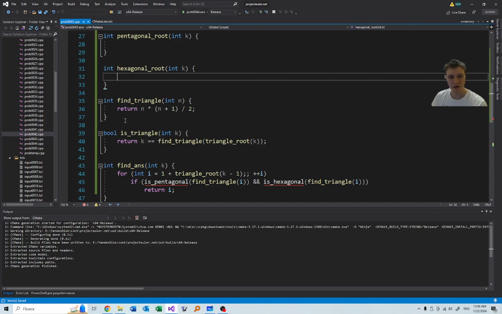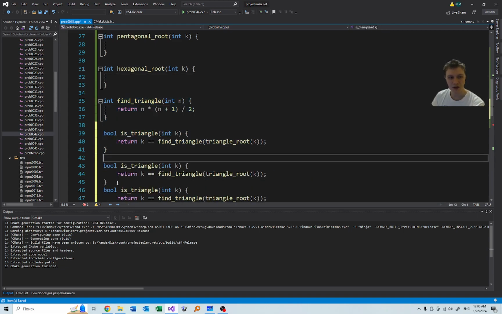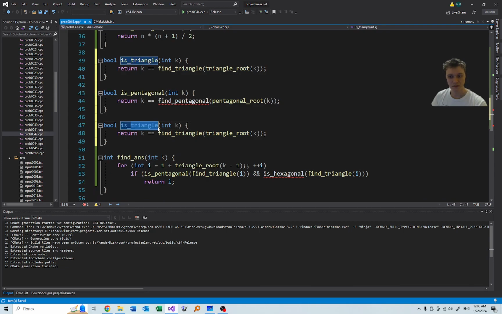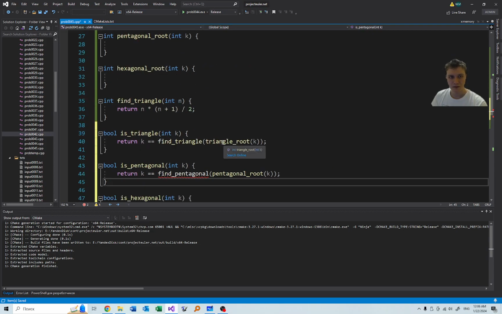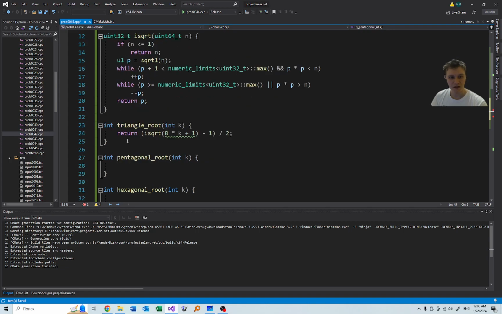and after that we can replace this function with two more, which are is pentagonal and is hexagonal. And also we need find hexagonal as well.